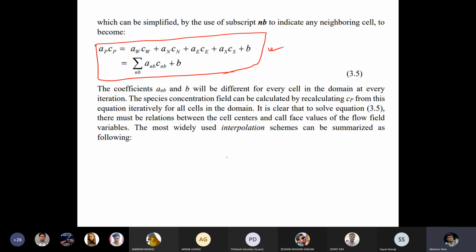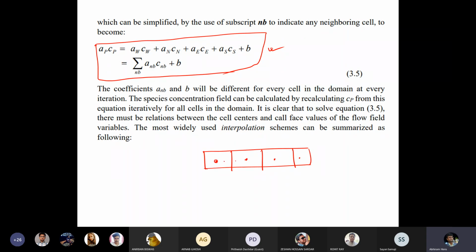Now one important point here is that, let's say you have a control volume approach, this is one point, this is one point, and so on. Your values, let's say velocity, pressure, whatever, you are storing at these points. Since you are integrating in the control volume approach, you should get the values at the intermediate points.